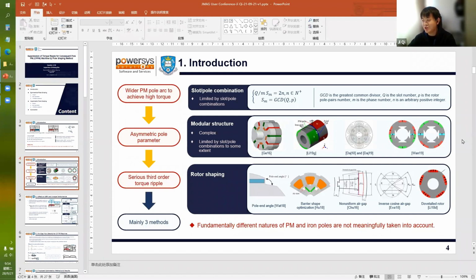But for my machine, yes, the flux leakage exists, and I verified it with the 3D model in JMAG. This is also related to some other parameters like the air gap length. So I'll find some way to reduce it.